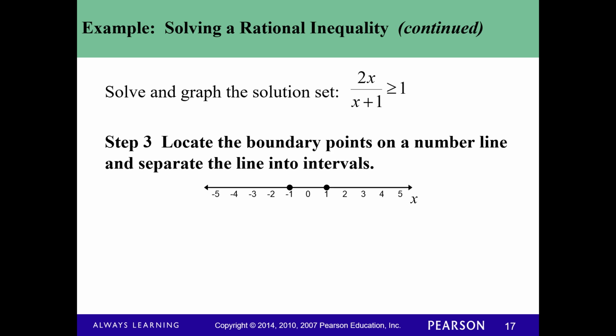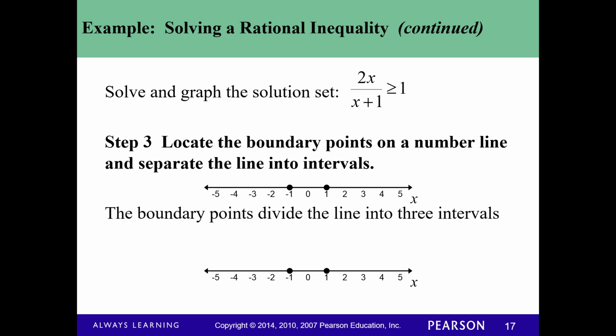So let's locate those on the number line. Again, it does divide the real number line into 3 distinct intervals. So now we're going to have to test each interval here. Now keep in mind, as we list out those intervals, a couple things happened. Notice that -1 is not part of the domain of the rational inequality because it makes the denominator 0, but it is a critical boundary point.